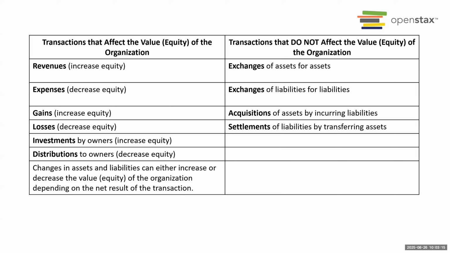Okay, this is another way of looking at it. Transactions that affect equity: revenues increase, expenses decrease, gains increase, losses decrease, investments by owner increase, and distributions or withdrawals decrease equity. Transactions that don't affect it: if it's completely balance sheet, in other words, you exchange an asset for another asset of like value, or you exchange a liability for another liability of like value, or you have an acquisition that incurs the same amount.